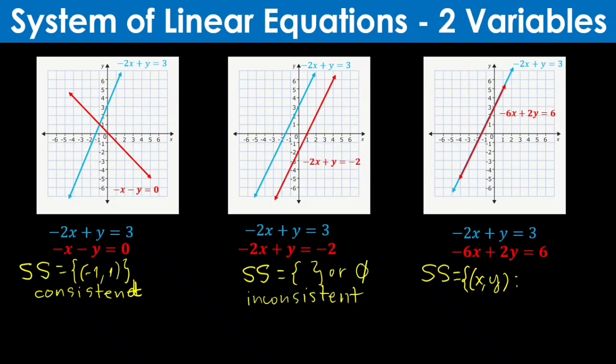So we can select only one of these. I will select this equation here. You can also select the second one. It's up to you. So that's the solution. And this system is called consistent and dependent.